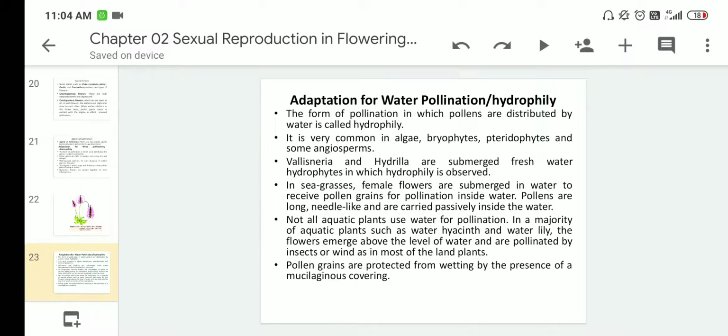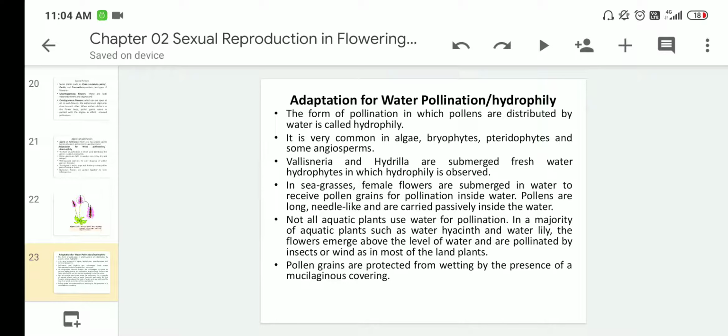For example, Vallisneria and Hydrilla are submerged freshwater hydrophytes in which hydrophily is observed. Now there is no chance of other agencies to facilitate this pollination, only water can.